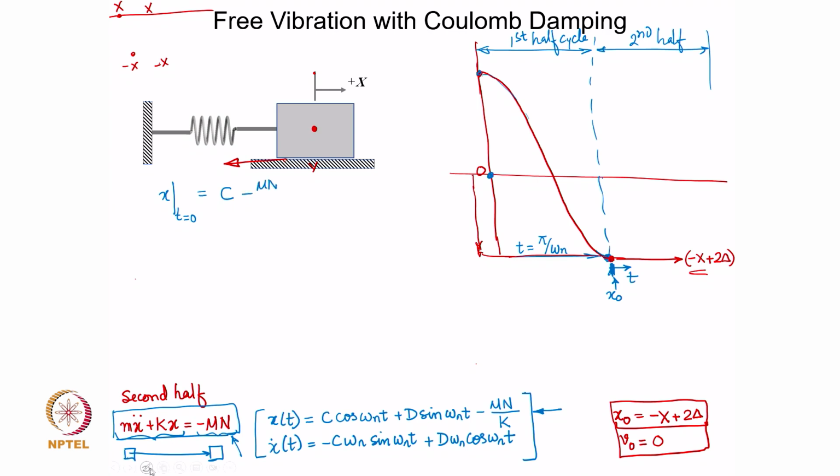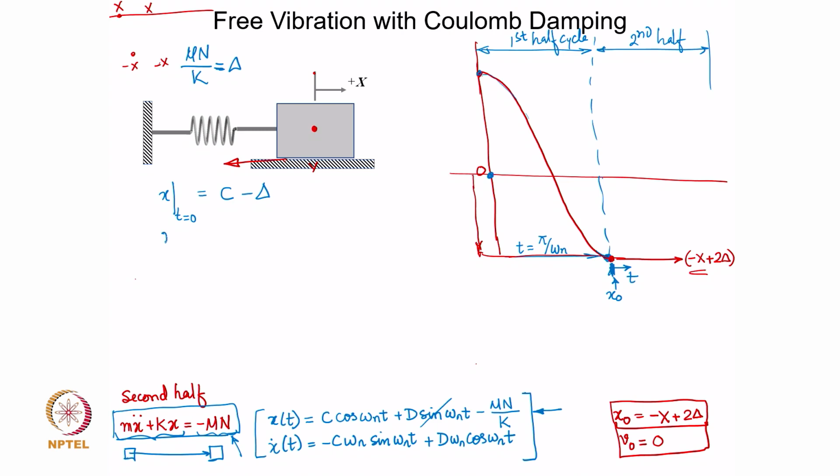Again, I am going to use delta as I discussed: C minus delta, because when t is equal to 0, this term is 0. So, C minus delta, where mu n over k is denoted by delta, just for the sake of convenience. I can keep using mu n over k, but just for convenience I am substituting delta for it.